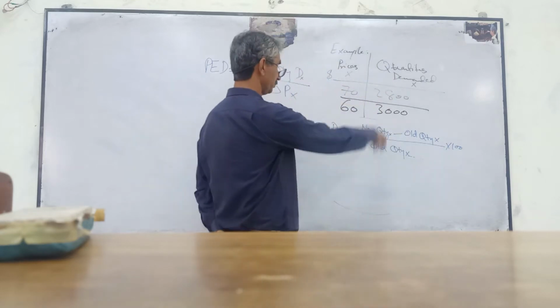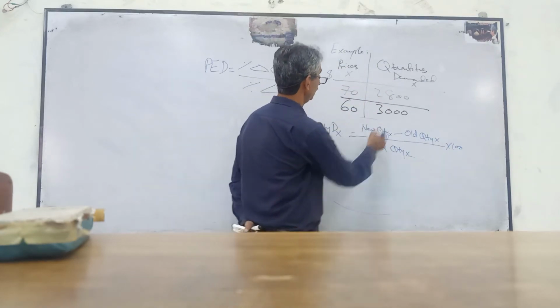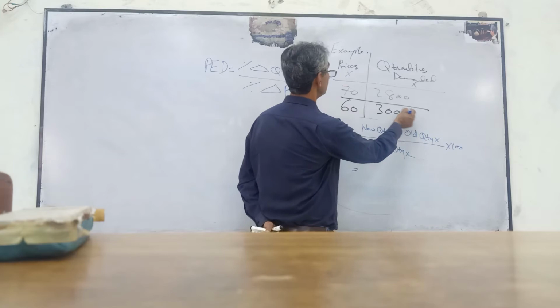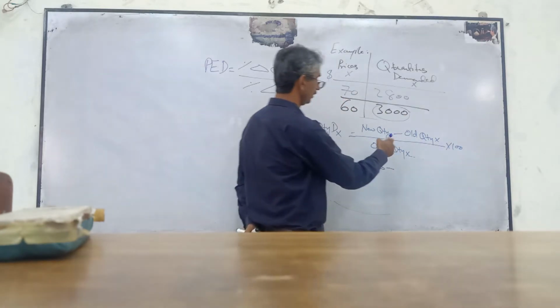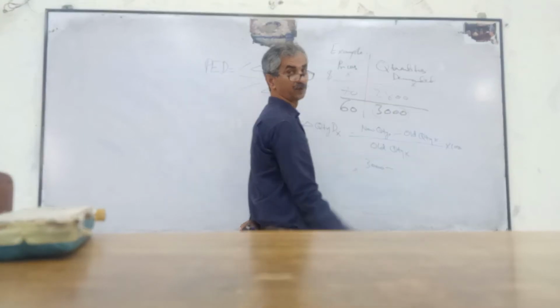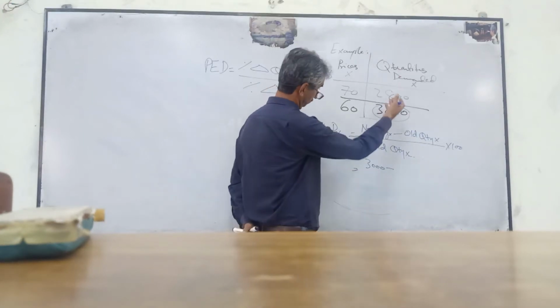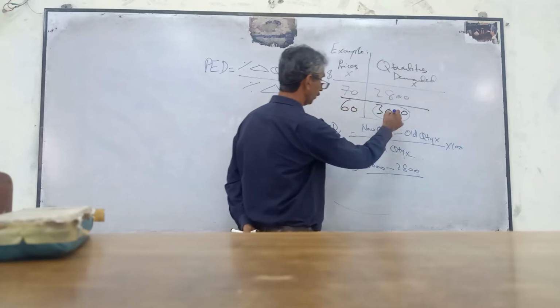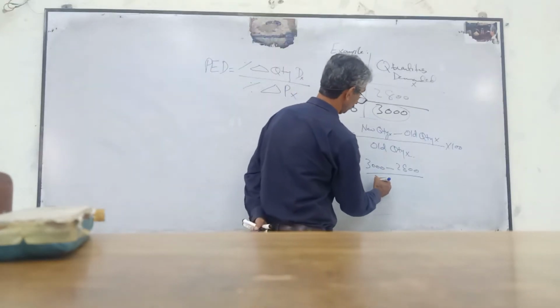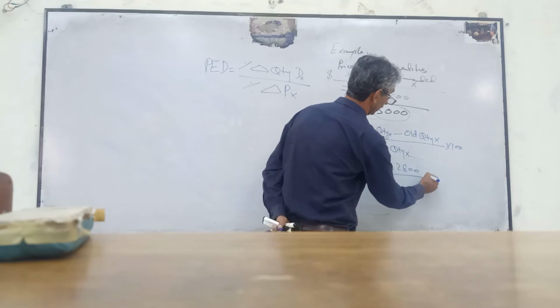Now in this example, the new quantity is 3000, and the old quantity means the previous one, when the price was 70, which is 2,800. So 3000 minus 2,800 divided by the old quantity, 2,800, into 100.